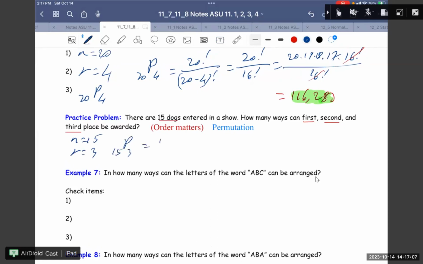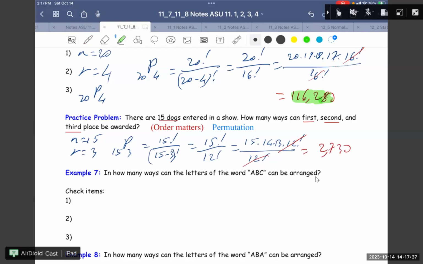So we got 15 factorial over 15 minus 3 factorial, which equals 15 factorial over 12 factorial. So 15 times 14 times 13 times 12 factorial over 12 factorial. So we can say 12 factorial cancels out. So we got 2730.